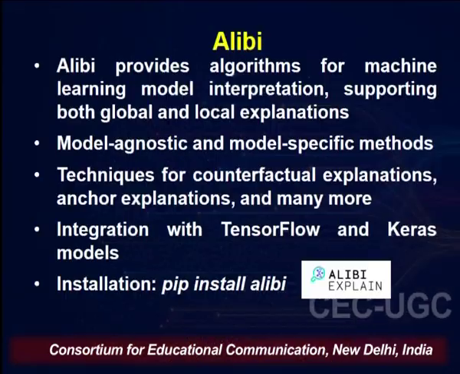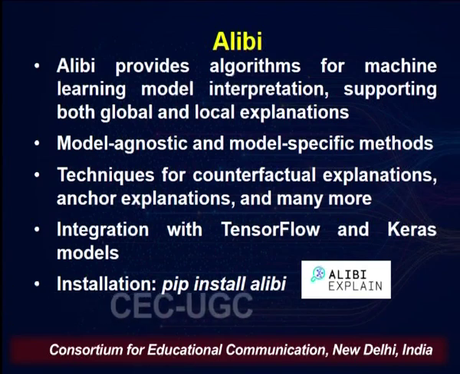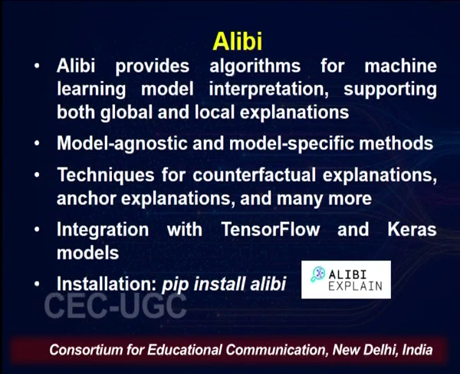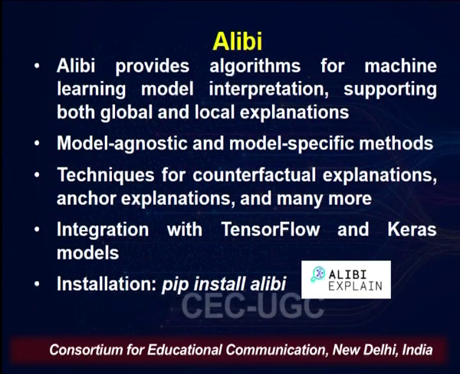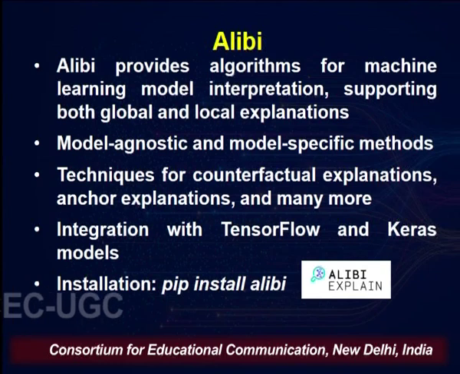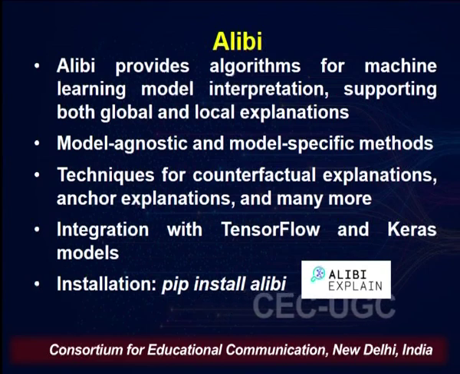Another one is Alibi. Alibi provides the algorithms for machine learning model interpretation that can give you the XAI categorization that was based on scope, that is local and global explanations. So this makes it very much privileged, as it can be the model agnostic approach, and at the same time it supports the model specific approach.